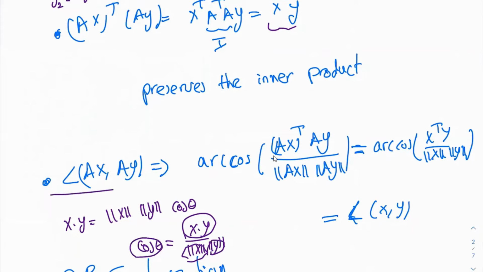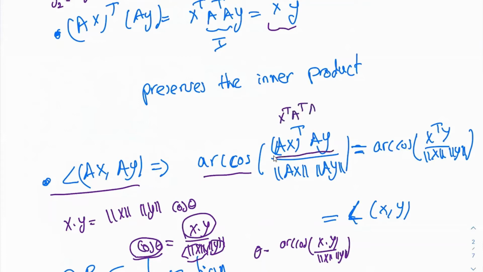That's one way to see that. Another way is just to carry out this calculation. We are trying to find the angle between Ax and Ay. Okay? This is going to be equal to arc cosine of, so what I'm doing is to take arc cosine from both sides of this equation. So I get theta becomes arc cos of x dot y over norm of x, norm of y. Okay, good. So what's going to happen here is that you will have again x transpose A transpose Ay, but this is nothing but identity.